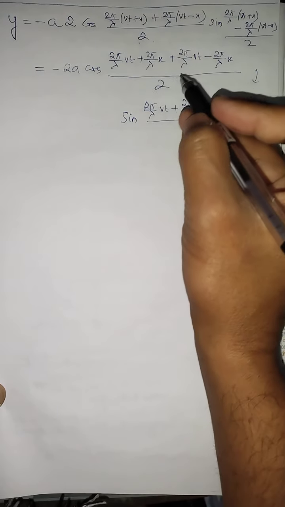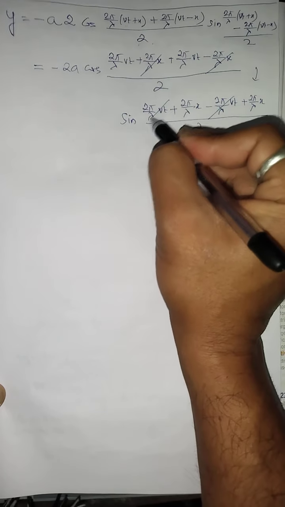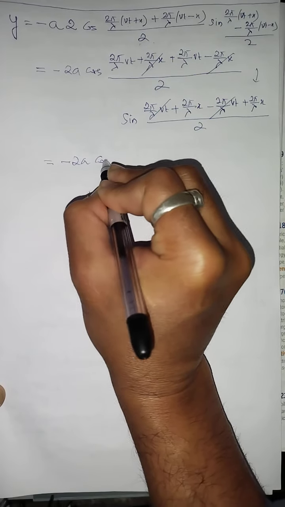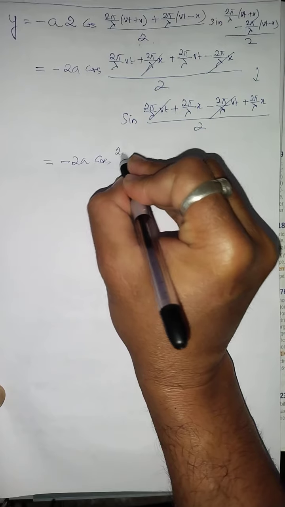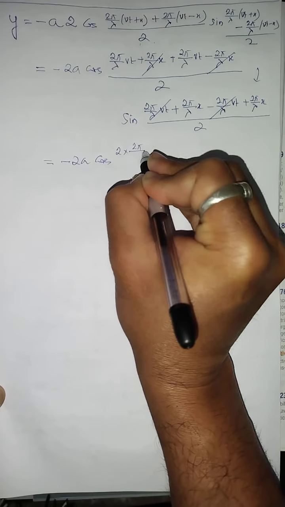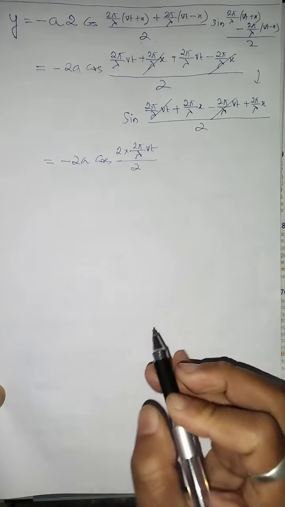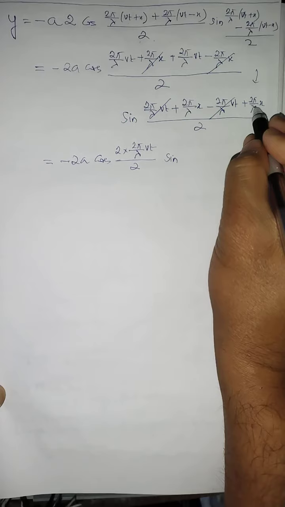Now see, we can do the cancellation out here. So this 2 cancels out and this 2 cancels out. Now see what is remaining, minus 2a cos. Now this 2 quantity will be added. So added means 2 into 2 pi by lambda into bt, whole divided by 2, and this is sin. This 2 quantity will also be added.